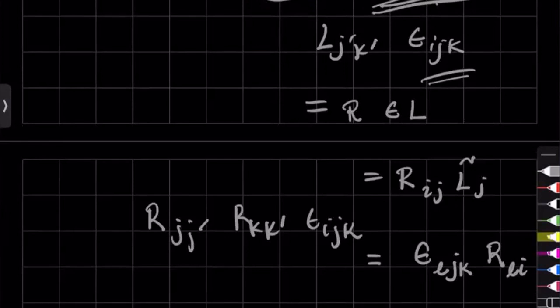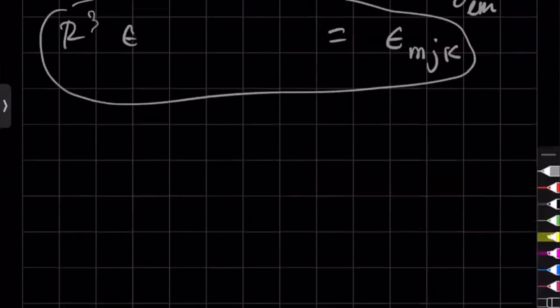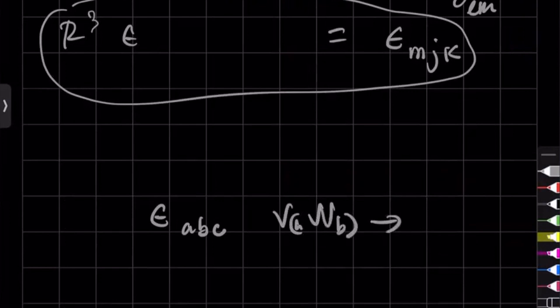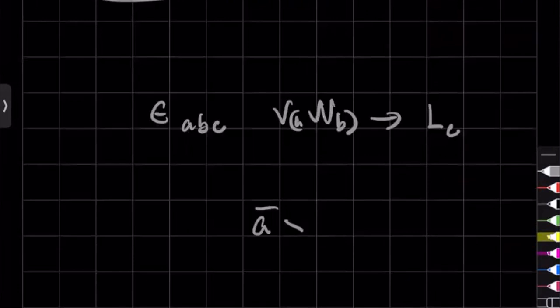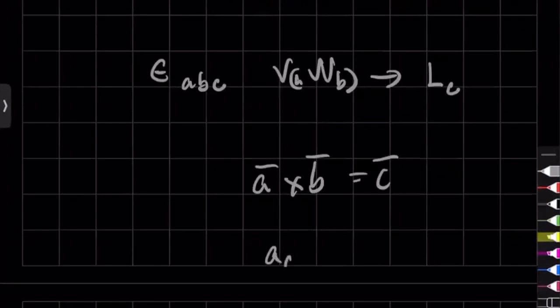So all the algebra aside, what we have done is that epsilon ABC was used to transform an antisymmetric rank 2 tensor into a vector. This is basically the magic of the cross product, right? The cross product is nothing but this thing.